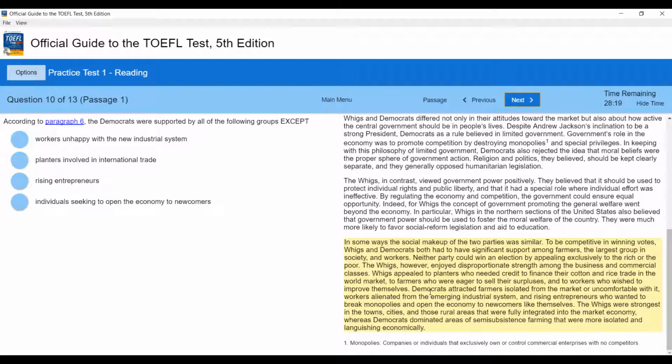Democrats attracted farmers isolated from the market, or uncomfortable with it. Workers alienated from the emerging industrial system. So workers alienated from the emerging industrial system.